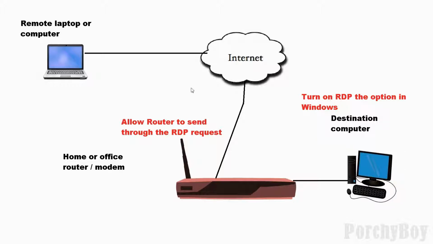That should get you a screen up on your laptop in the coffee shop looking directly onto the desktop of your computer at home or at the office. That's the simplistic solution. And I think that will be sufficient for now.